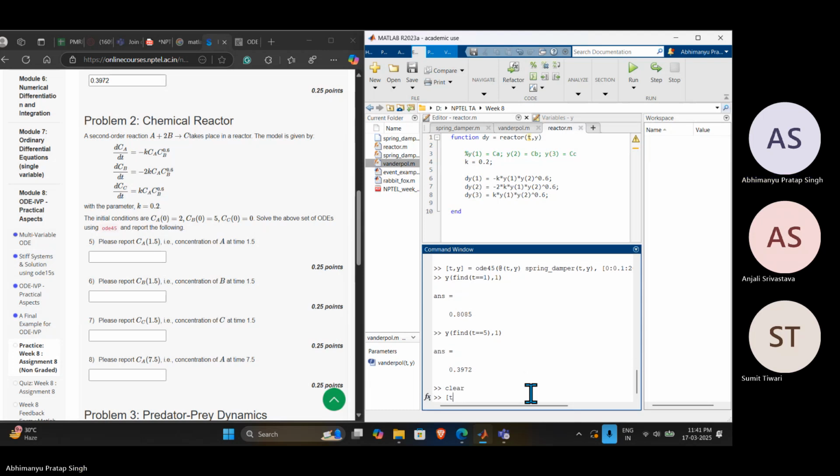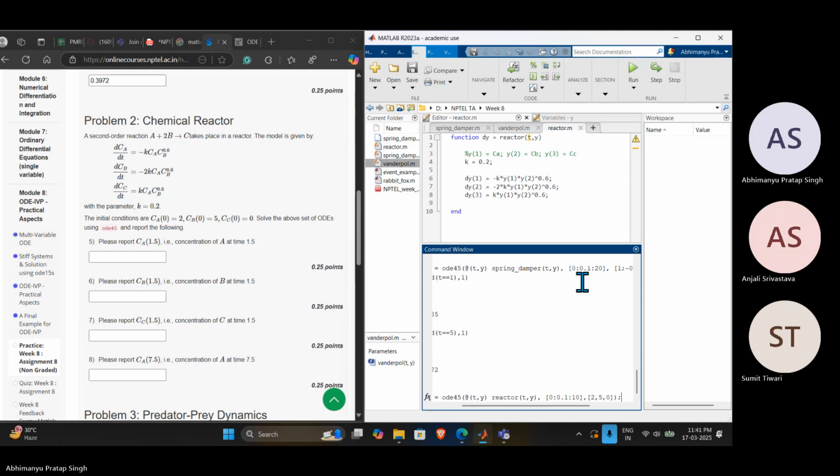Now t comma y equals ode45 of the function. We need to give the time. I will just give 0 to 10 with step 0.1. And then the initial concentrations, that would be 2, 5, 0.